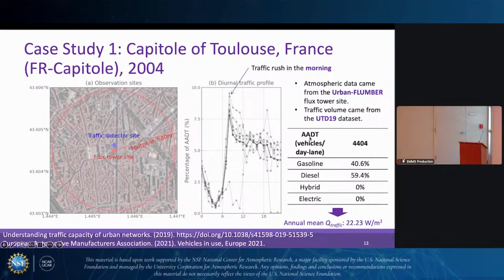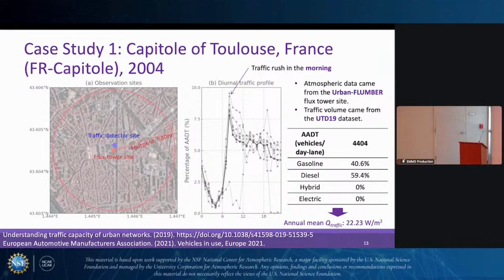The annual average daily traffic volume is 4,400 vehicles per lane in a day. It has 40% of gasoline vehicles and 60% of diesels. So the calculated annual mean traffic heat is around 22 watts per meter square.